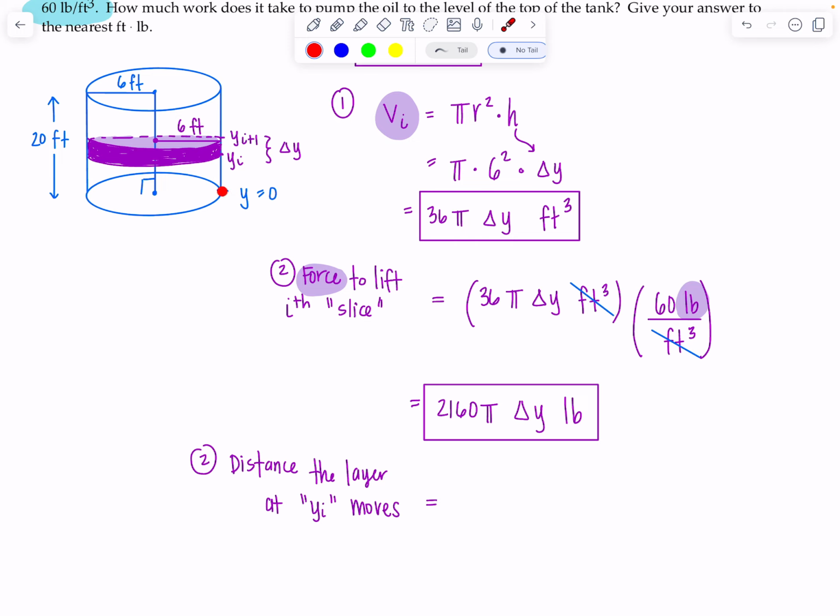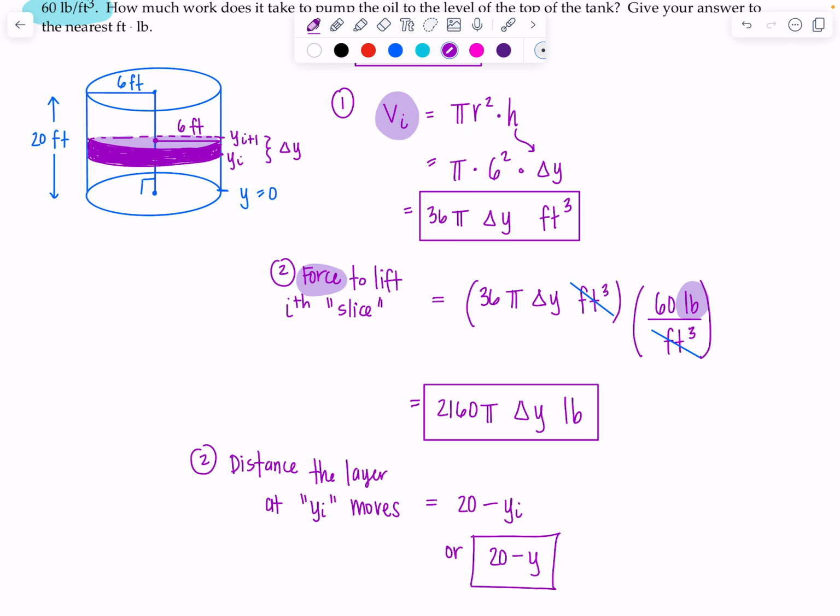The layer that's all the way at y equals 0, how far does it have to move to get out of the tank? 20 feet, right? What if it was at y equals 1? How many feet would it have to move? 19. So whatever its height is, whatever y sub i is, it moves 20 minus y sub i. Once we put it in the integral, we'll drop the i subscript. It's just going to be 20 minus y.